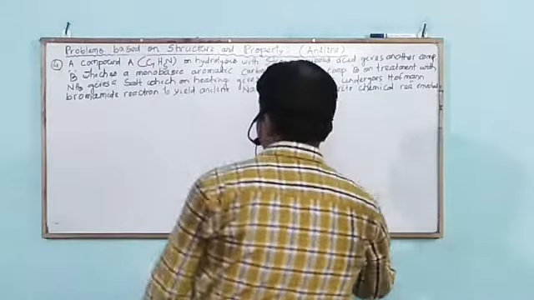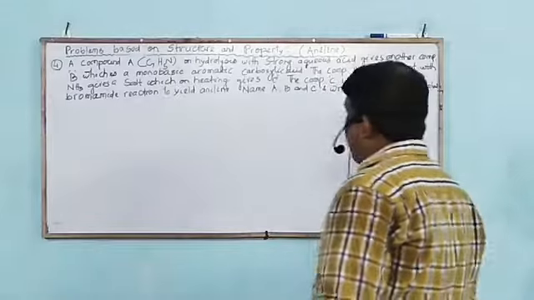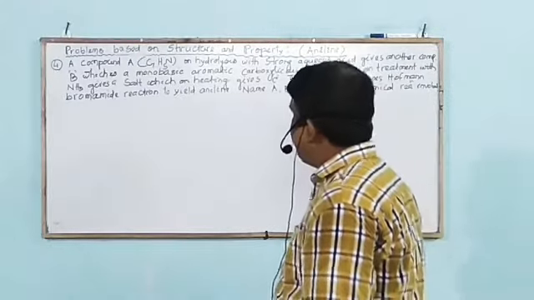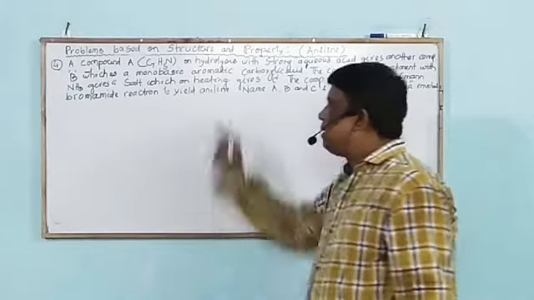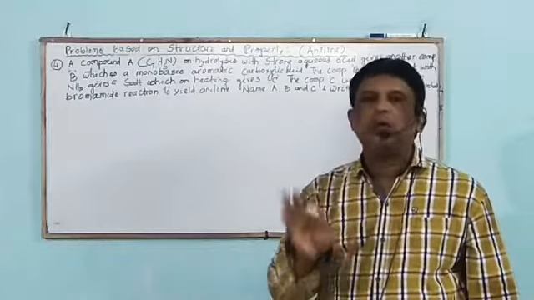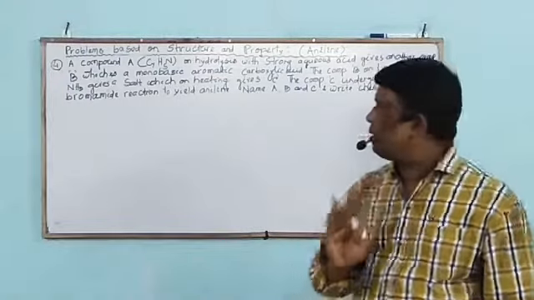Next question. A compound A having the formula C7H5N means that the compound possesses carbon, hydrogen and nitrogen.